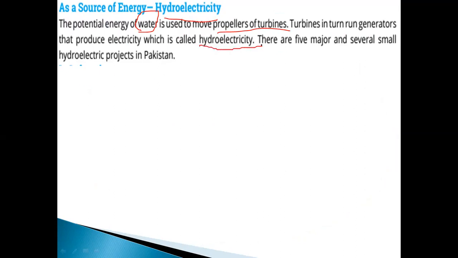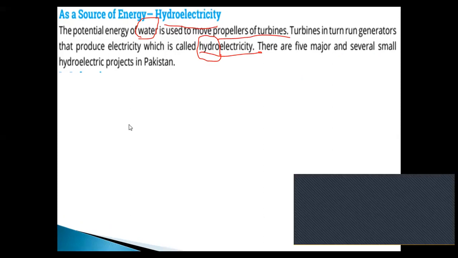So that is called hydroelectricity, because that is produced by the power or pressure or energy of water. There are 5 major and several small hydroelectric projects in Pakistan, including Tarbela and Mangla. Tarbela is the largest hydroelectric power plant.